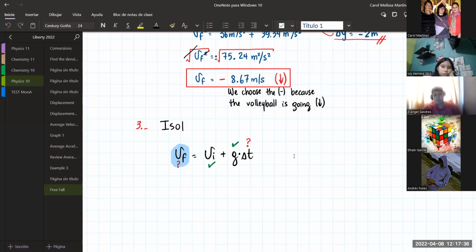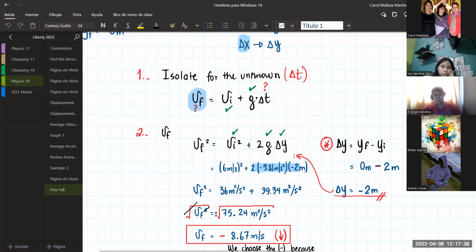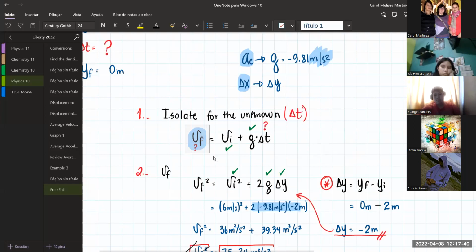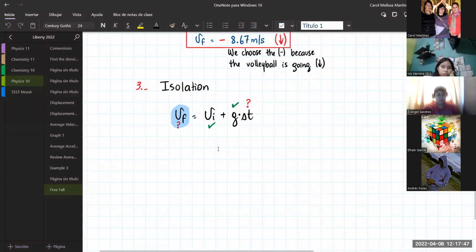If you see, I wrote that the first step is the isolation, okay? But when I was about to do it, I noticed that I couldn't actually get it. So I stopped. Now I have my final velocity. So that means that I can isolate.